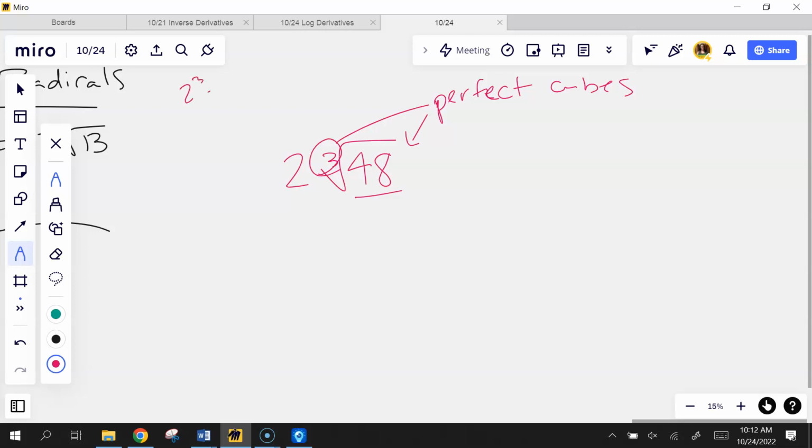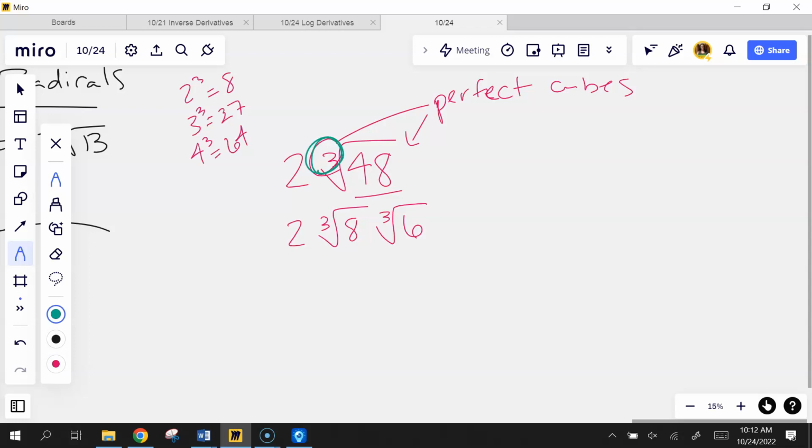Well, 2 to the third is 8. The biggest one I could divide it by would be 8. 8 and what? So you get 8 and 6. 4 cubed root of 6. Okay. 4 cubed root of 6.